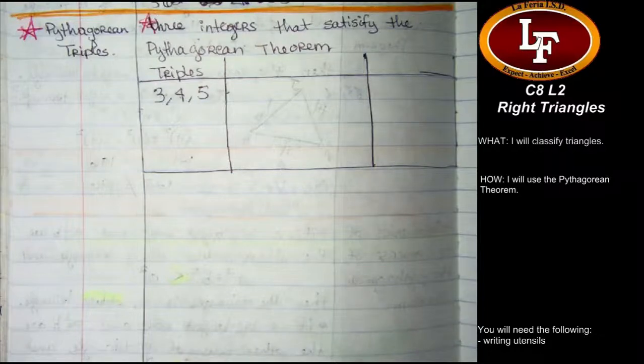Take 3, square it, add it to 4 after you've squared it. So 3 squared plus 4 squared. What do you get? 9 plus 16? 25. What's 5 squared? 25. It worked.